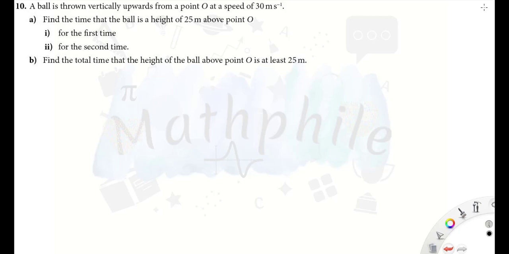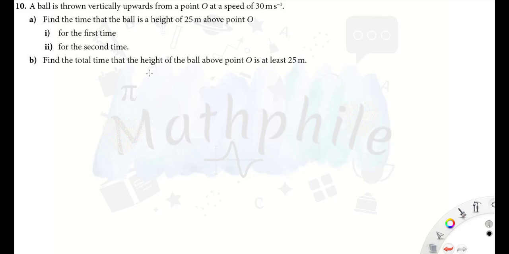A ball is thrown upward, okay, both positive, because we clear a point that is 25 meters at two different times. At two different times. So both answers will be positive. But solve it anyway.